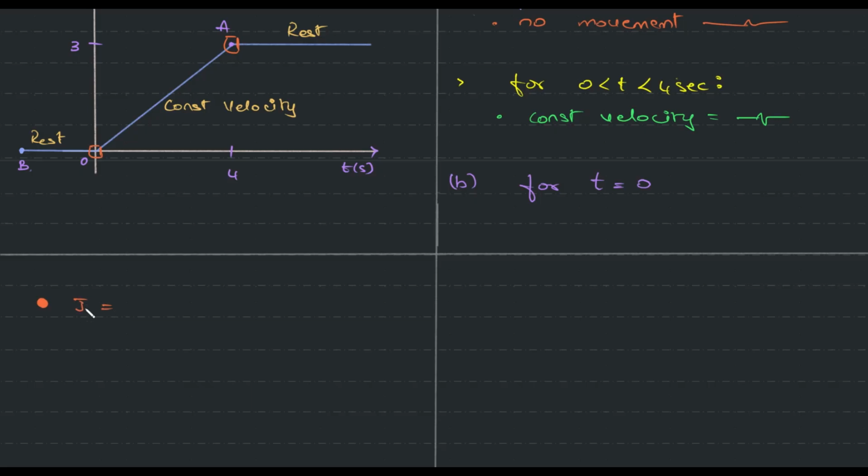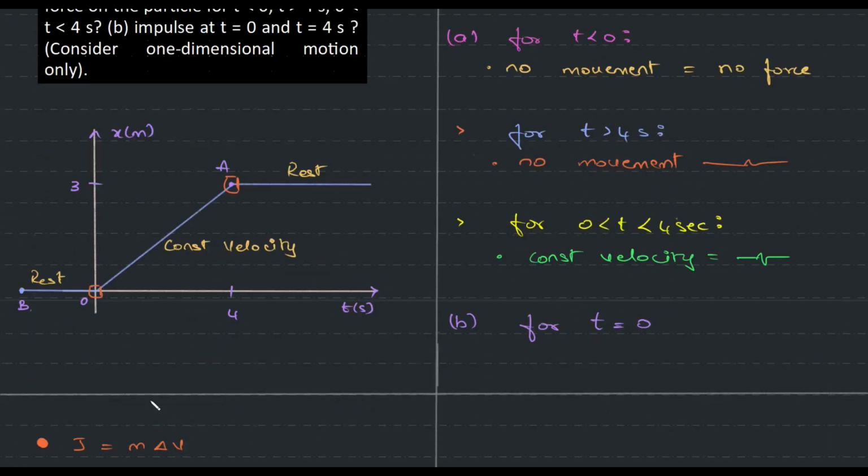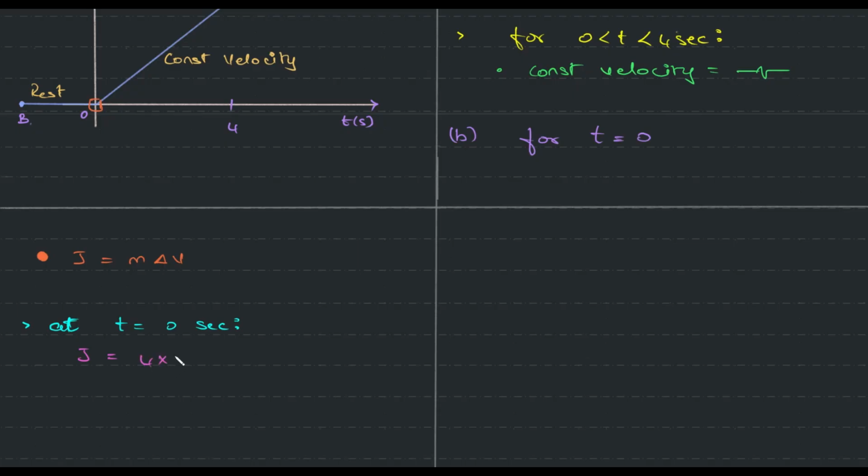So impulse is given by mass times change in velocity. So we have to take case by case. At t equal to 0 second, we have J equal to mass, which is 4 kg, and change in velocity.